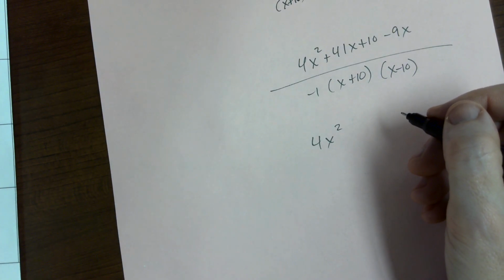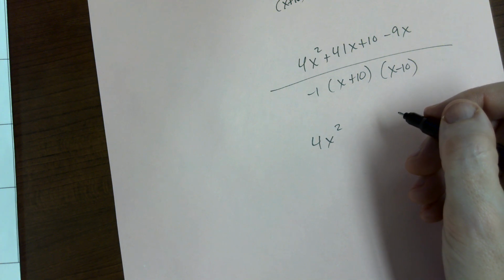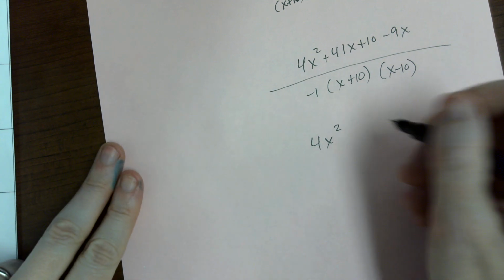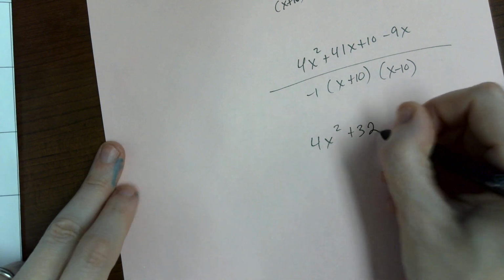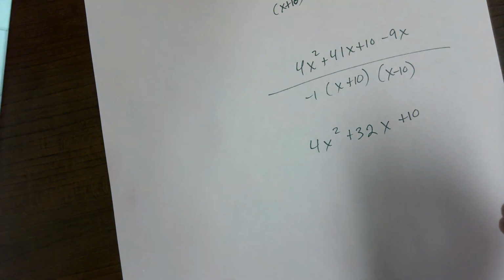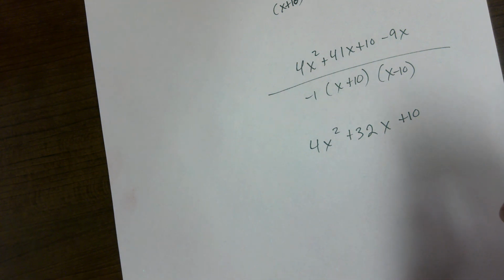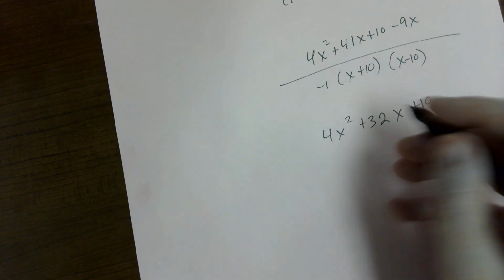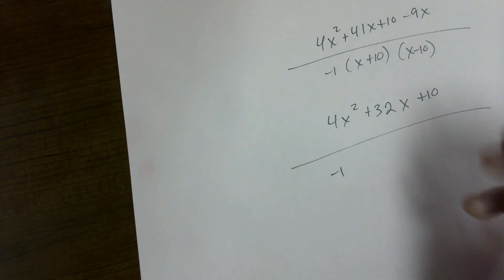So 41 minus 9 is 32, I think, plus 32x plus 10. Okay. Yeah. And then this is all over negative 1.